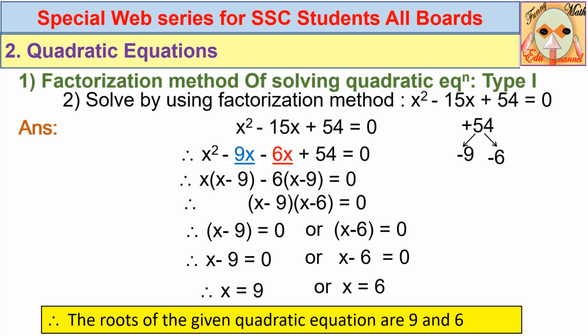In the factorization method, the last constant term we have split in such a way that the addition of its two factors is the coefficient of the middle term, and here there was minus 15 as the coefficient of the middle term. Minus 9 into minus 6 you get plus 54. So we have completed the factorization method type 1.